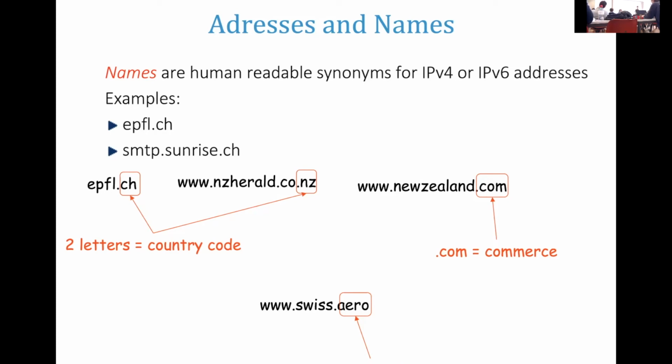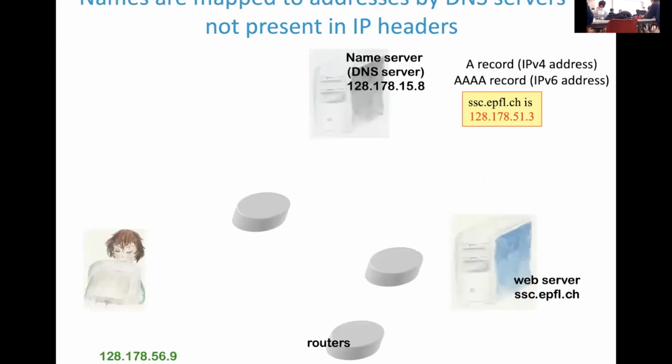Whenever you want to connect to a server for the first time, to a website for the first time, you do not know the IP address of this server, so you should ask someone that does. That someone is called a DNS server. It stands for domain name server. DNS servers are public, and they have a mapping of all IP addresses and names.